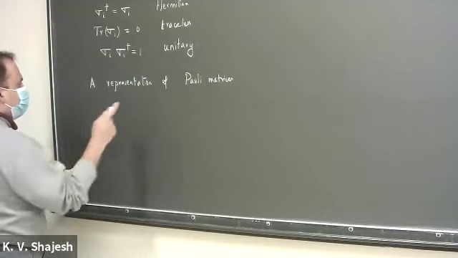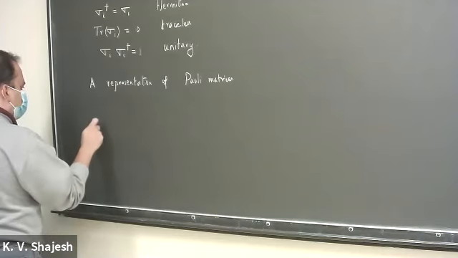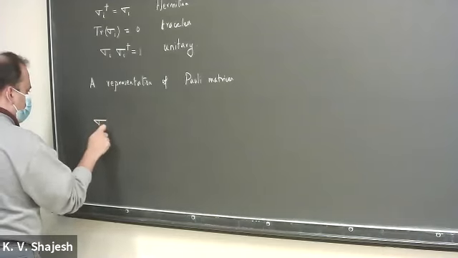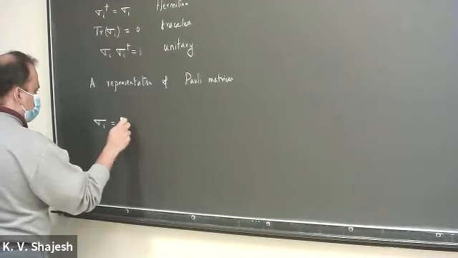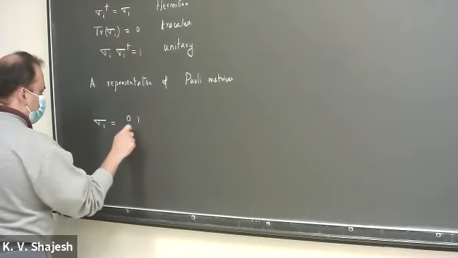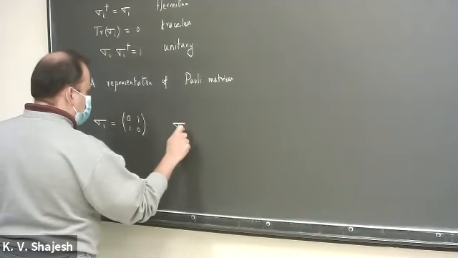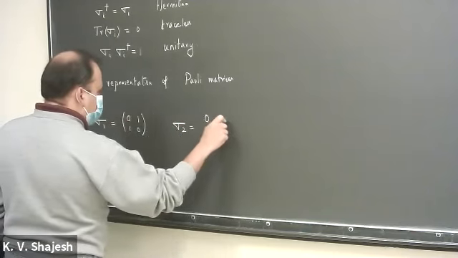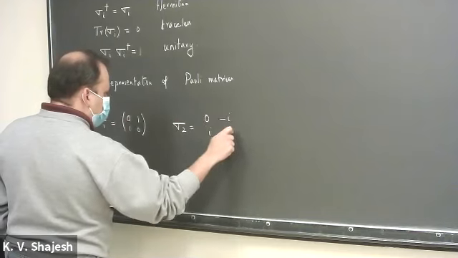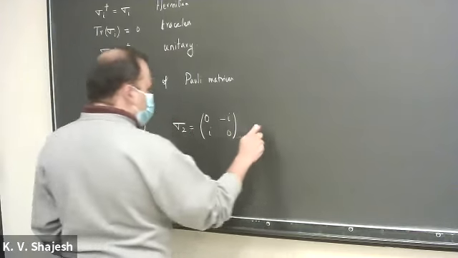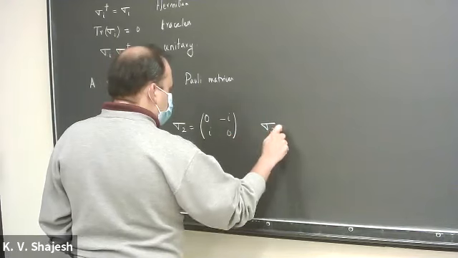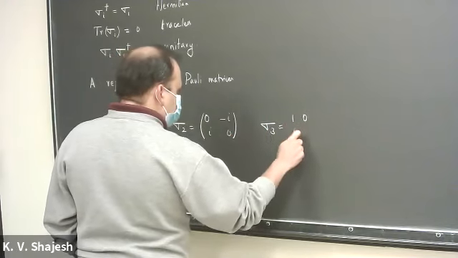So let's say sigma 1 is equal to 0, 1, 1, 0. Sigma 2 is equal to 0, minus i, i, 0. And sigma 3 is equal to 1, 0, 0, minus 1.